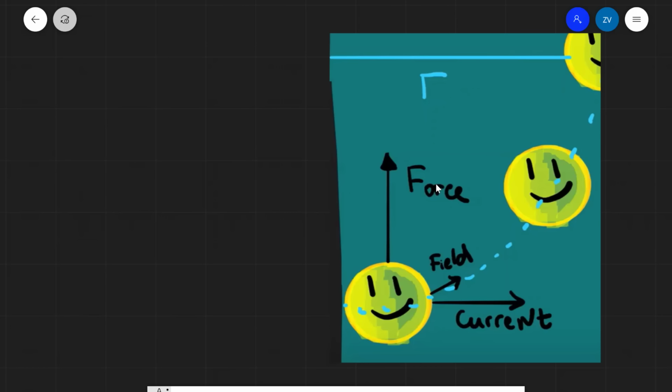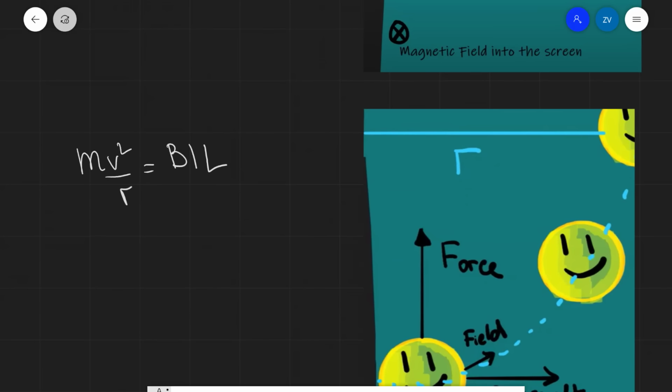So we can set the two equal to one another, and we can say that mv squared over r, which is our centripetal force, is going to equal BIL, which is our magnetic force. So what we can do now is rearrange for our radius of curvature. First of all, let's modify a little bit our BIL equation.